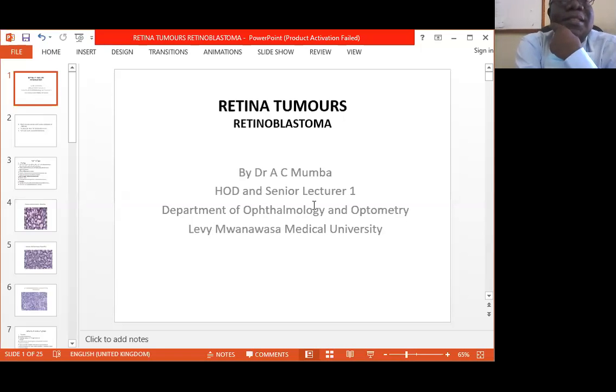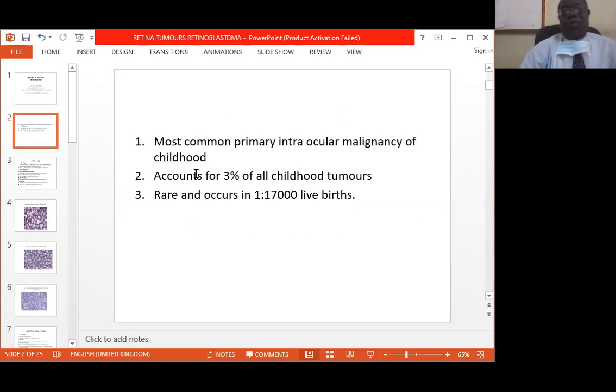I think let's start today's lecture, which is on retina tumors. We'll start with the commonest, retinoblastoma. Retinoblastoma is the most common primary intraocular malignancy of childhood.